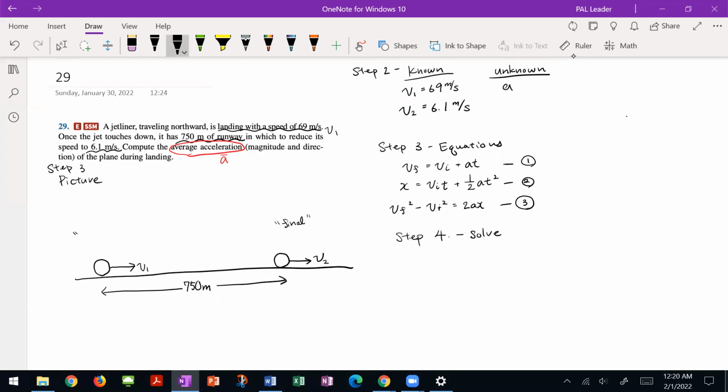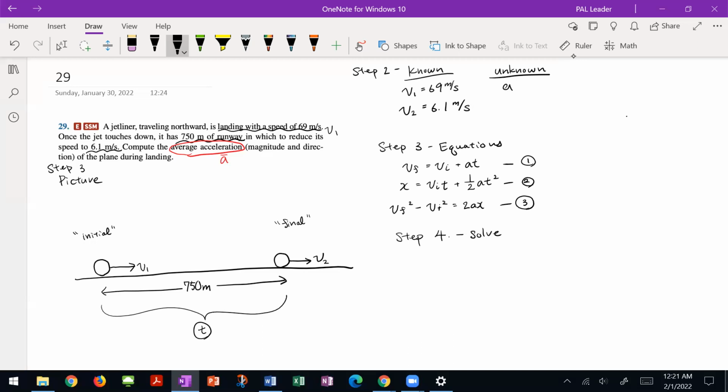And this is our initial. Do we know the velocity at the final? We do. That was V2. Vi, that was our initial velocity. We also know that. We're asked to find acceleration. Now, do we know the time the jet traveled from the initial position to the final? We don't know that. So we can't use number one.